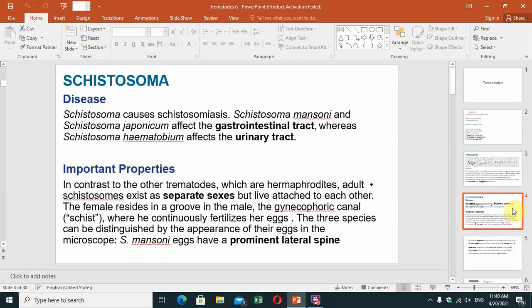The three species can be distinguished by the appearance of their eggs under the microscope.